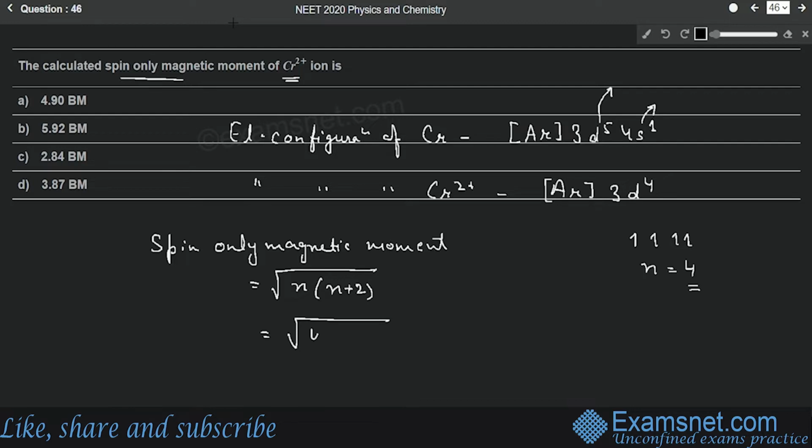Under root 4 into 4 plus 2, that means under root 4 into 6, under root 24. So here on finding the root, we'll get 4.9 and the unit will be Bohr magneton. So which will be the correct answer? 4.9 Bohr magneton. That means option A will be the correct answer.